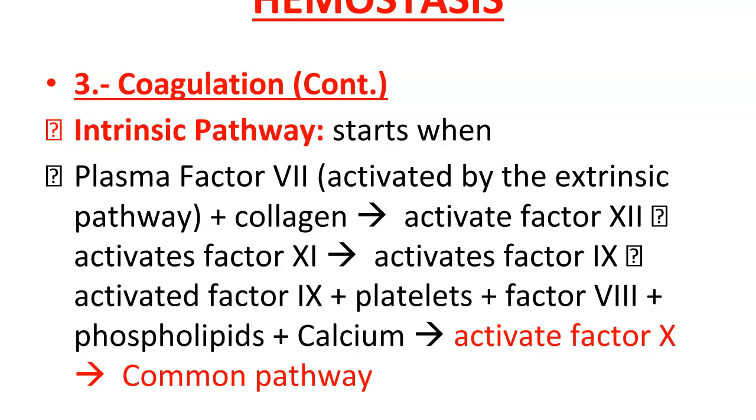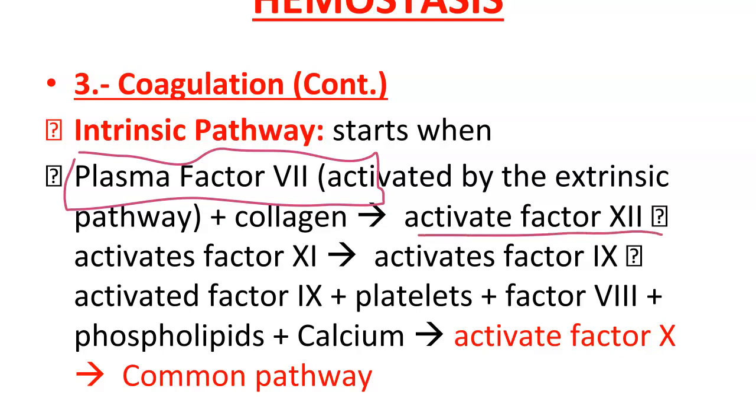proteins. So the intrinsic pathway starts with the activated factor 7, which was part of the extrinsic pathway. And I will show you this in a picture here in just a second. I know this is kind of a little bit confusing. Factor 7 activates factor 12, which in turn activates factor 9, which in turn will, with the help of chemicals secreted by platelets and factor 8, activate factor 10.